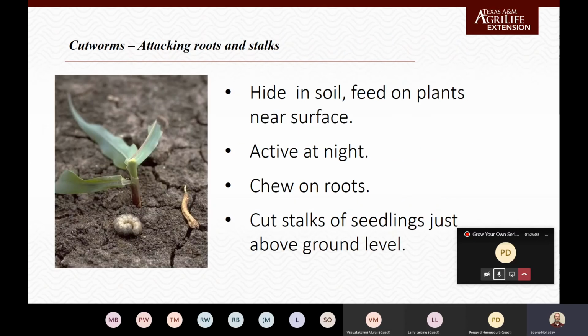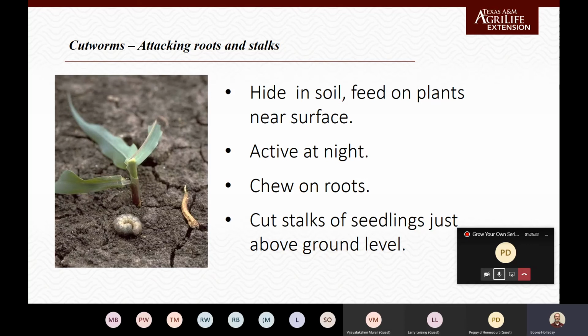Cutworms, again, another caterpillar larvae that basically just annihilates a plant from the get-go, just cutting off the stem. And so a problem with corn and other plants that have single stems, they just chew around the base and then the whole top of the plant falls over.